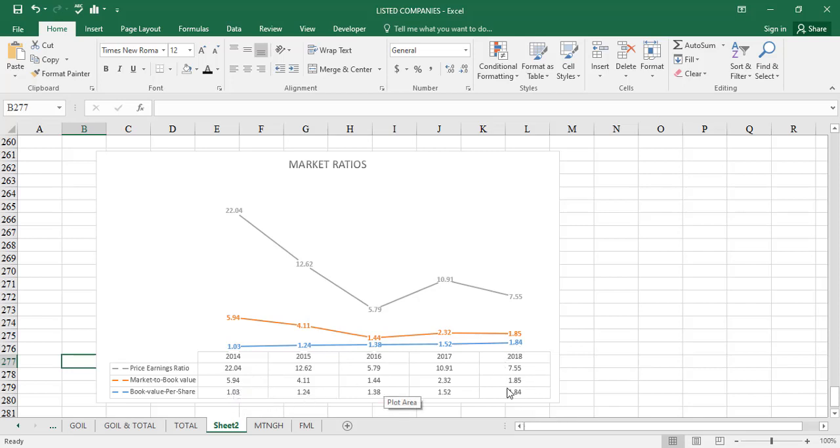So if you look at the 2018 market to book value, you realize that it has been on the decline. Others consider this to be a stock that is undervalued, hence they would want to buy more now because they know that it is worth more than it is actually being traded on the market. Okay, so this has been some of the market ratios of Total Ghana.